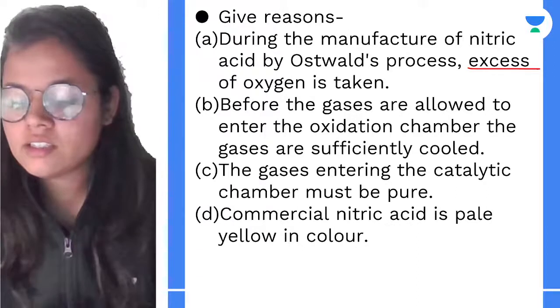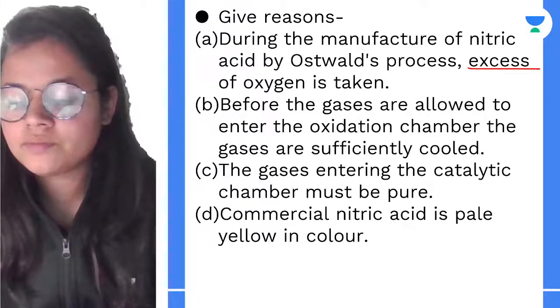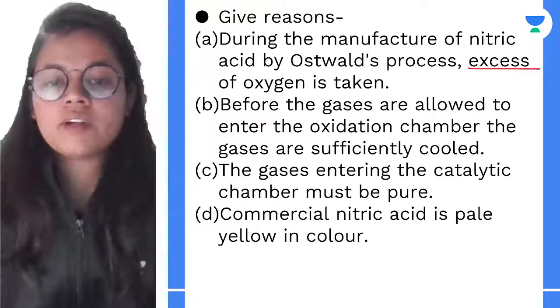Very good, correct. Aditi, your answer is perfectly correct.